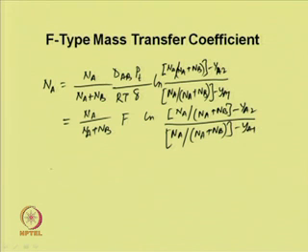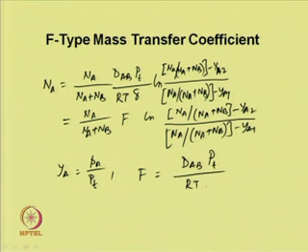In this case, we can write Ya is equal to Pa by Pt and F is equal to dAb Pt by RT delta.